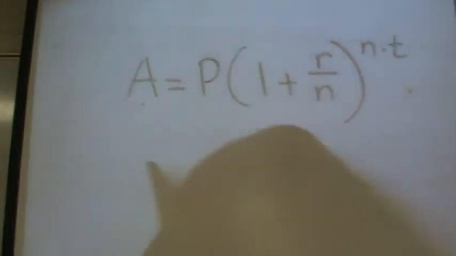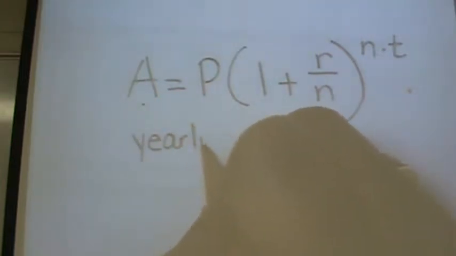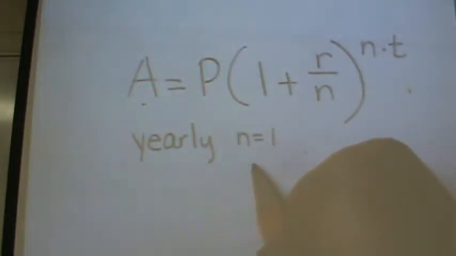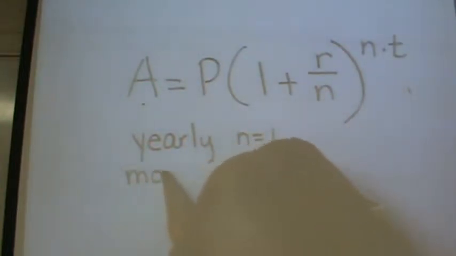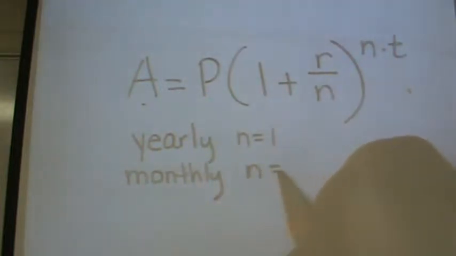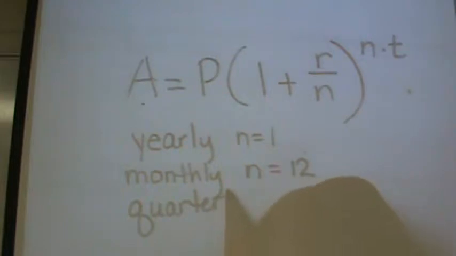Now, if it says compounding yearly or annual, N would be 1. If it says monthly, how many months are there in a year? 12. What if it says quarterly? Good.